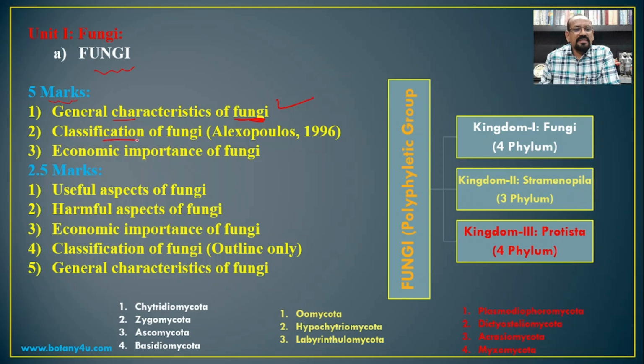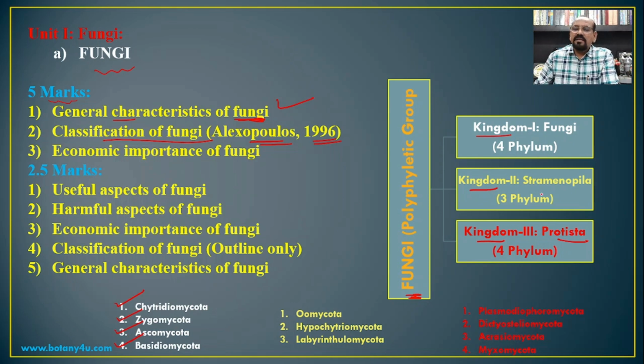In second question, that is the classification of the fungi, which is provided by Alexopoulos in 1996. Here for your understanding, I have given the classification in short. Alexopoulos has classified the fungi into 3 different kingdoms: kingdom 1 Fungi, kingdom 2 Straminipila, and kingdom 3 Protista. The first kingdom, Fungi, is classified again into 4 different phyla: Chytridiomycotina, Zygomycotina, Ascomycotina, and Basidiomycotina.